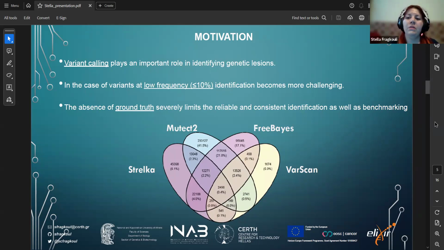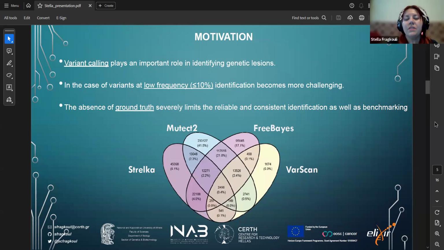So one persistent problem that we keep stumbling upon, like Fotis mentioned, is the scarcity, not complete absence, of a ground truth data set where everything is well defined beforehand. So you know what is where and how much of it is there regarding the allele frequency of the variants.